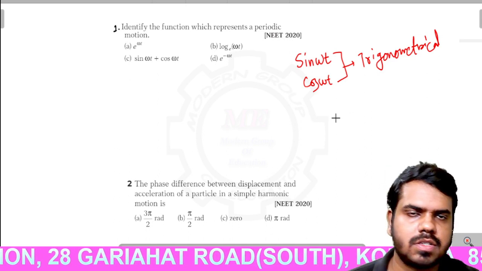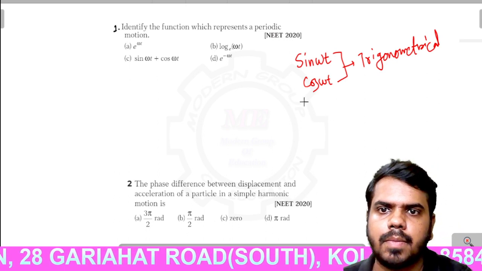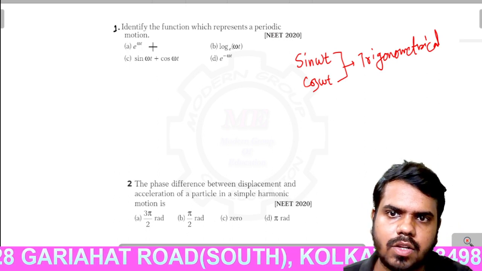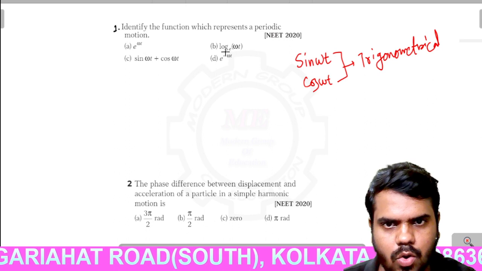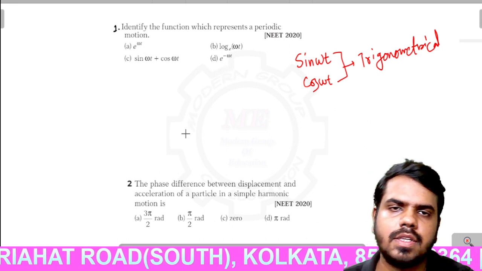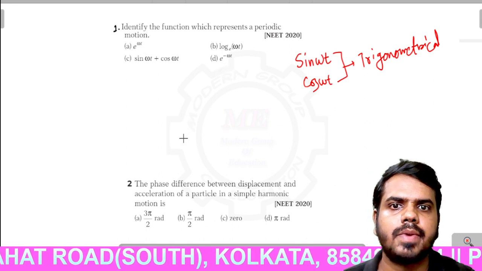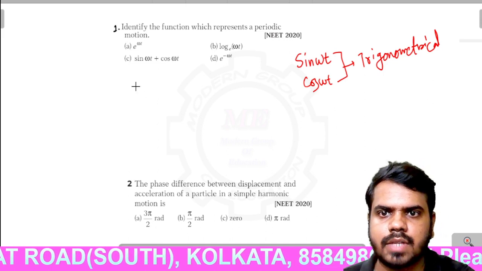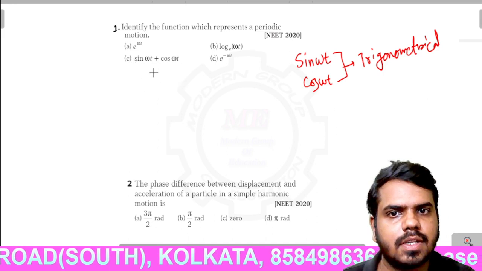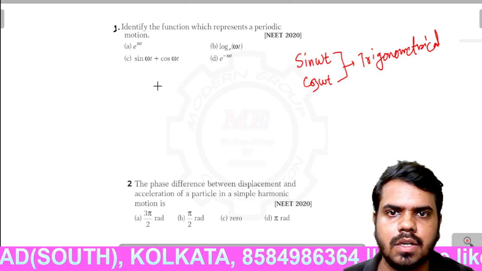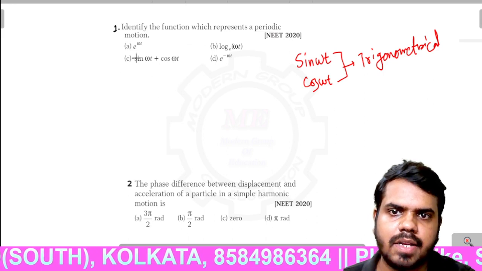But all the other options, e to the power omega t, log and e to the power minus omega t, are not periodic, they are not repeating their paths. So sin omega t plus cos omega t is the answer. So this is the periodic motion.